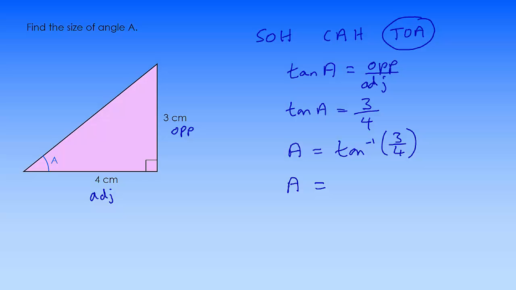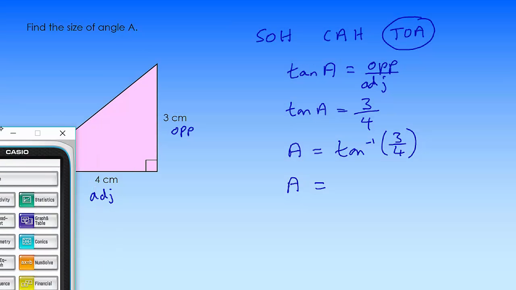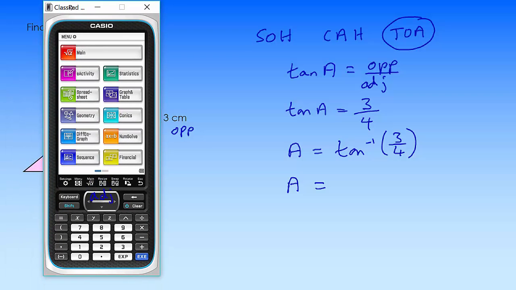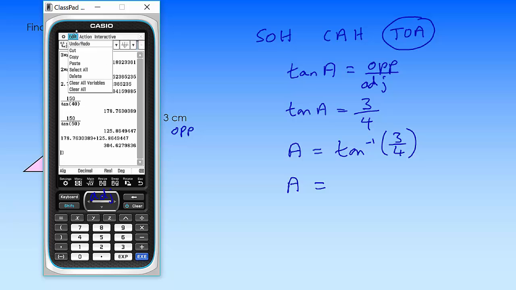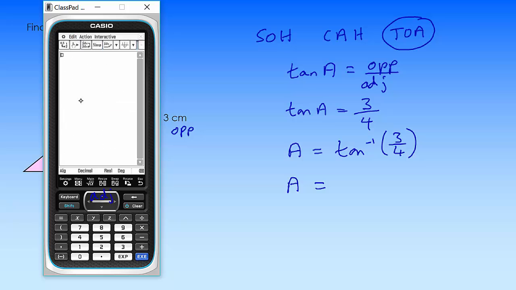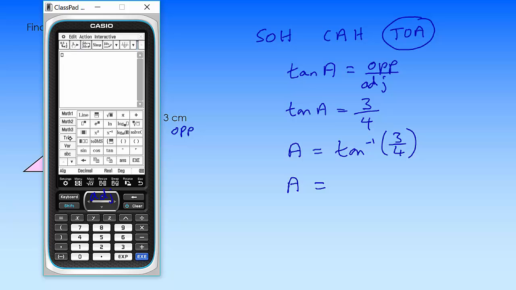I don't have my scientific calculator available to me, so I've got my ClassPad, and on this, let's just clear everything that we did yesterday. If we go to the keyboard and trig, you can see I've got this tan minus 1 just here.